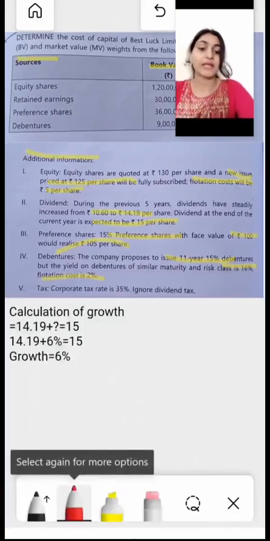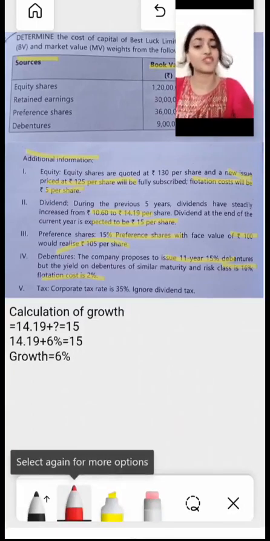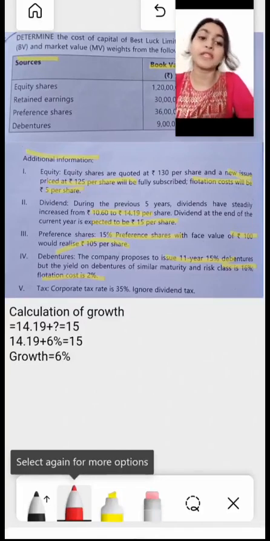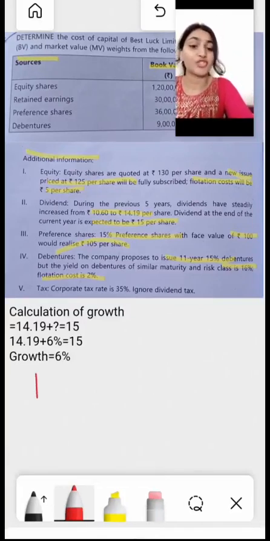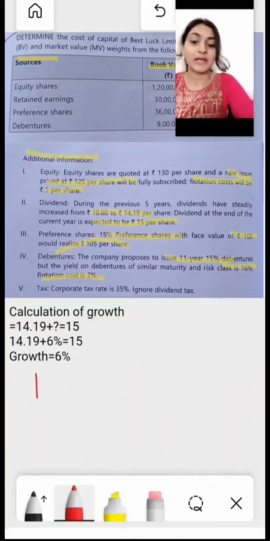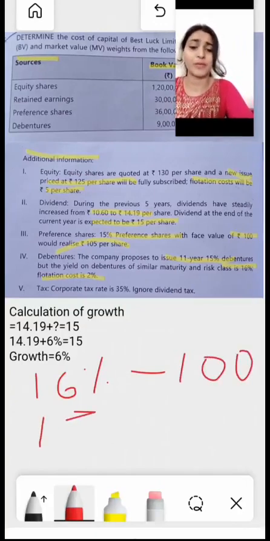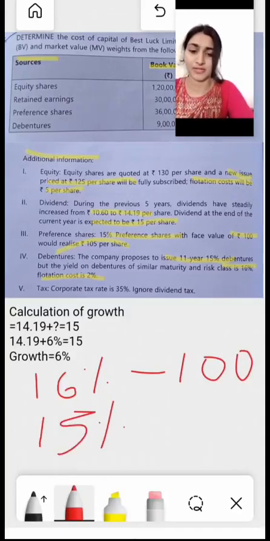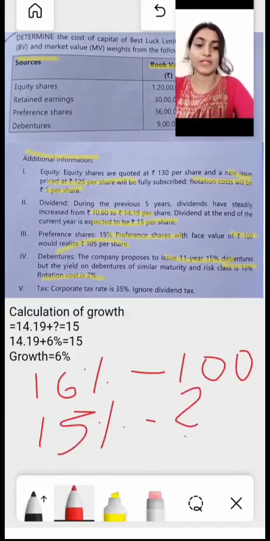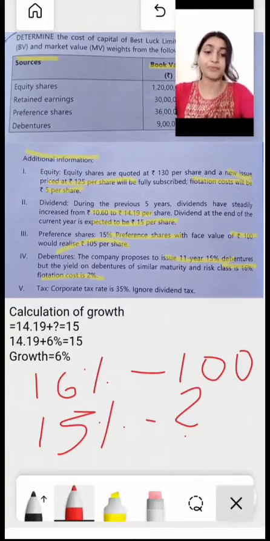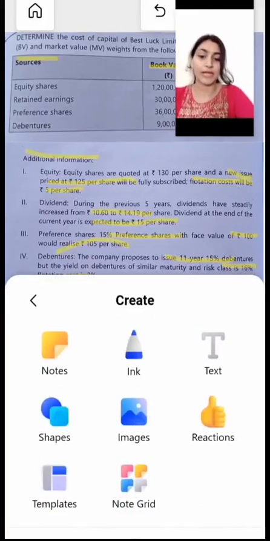That means the 16% class debentures, they have issued at 100 rupees, at par. Now if the company wants to issue 15% debentures, then what will be the issue price? So they have to issue at a discounted price. So how will you calculate it?